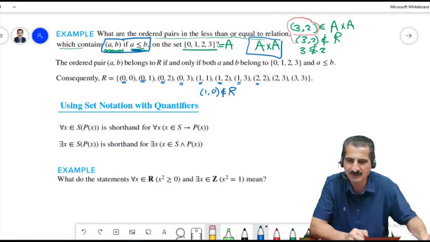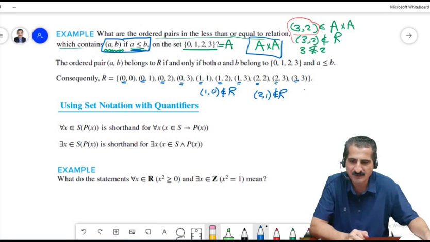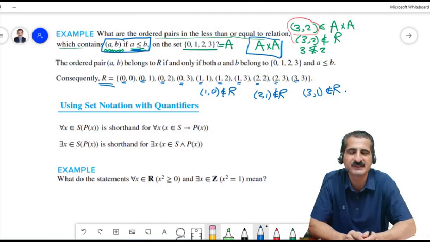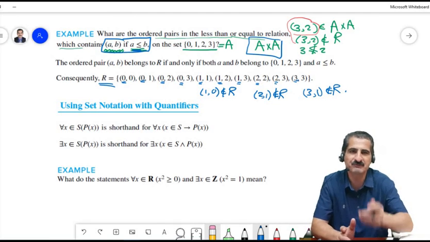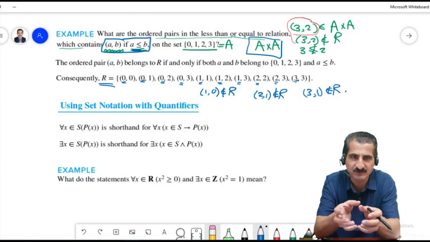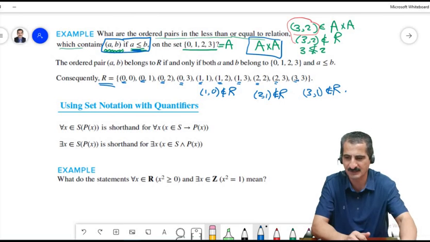And here 2 and 2, 2 and 3, and 2 and 1 is not in R. And here 3 and 3, simply because 3, 1, 3, 2, or 3, 0, any one of them is not in R. So again, a relation between A and B is a subset of A cross B, and a relation on A itself is a subset of A cross A.